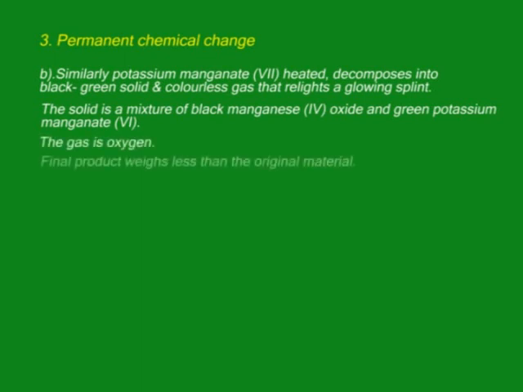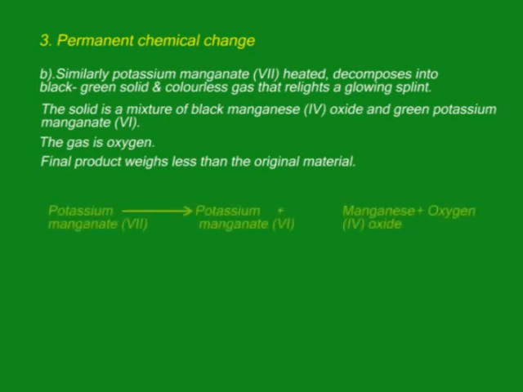The residue solid weighs less than the original potassium manganate 7, and the decomposition can be represented by the following equation: the decomposition of potassium manganate 7 by heat to form potassium manganate 6, which is green in color, plus manganese 4 oxide, which is black, plus oxygen gas.